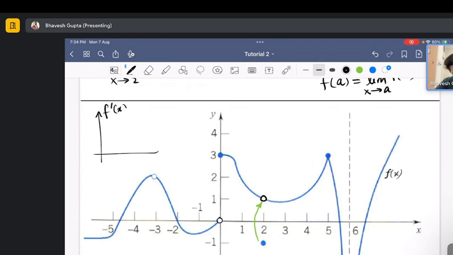So if you try to plot a graph of the derivative of the function with respect to x, what you see over here is an undefined value. Undefined.